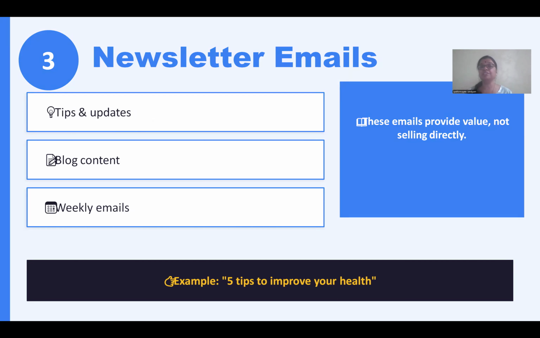The third one is newsletter emails. These emails will not talk about selling or sales, though indirectly, at the end of the day, everybody's purpose is to generate revenue by selling their product or services. But in these emails, they will not talk about that. They send useful information to their customers, like tips and updates.